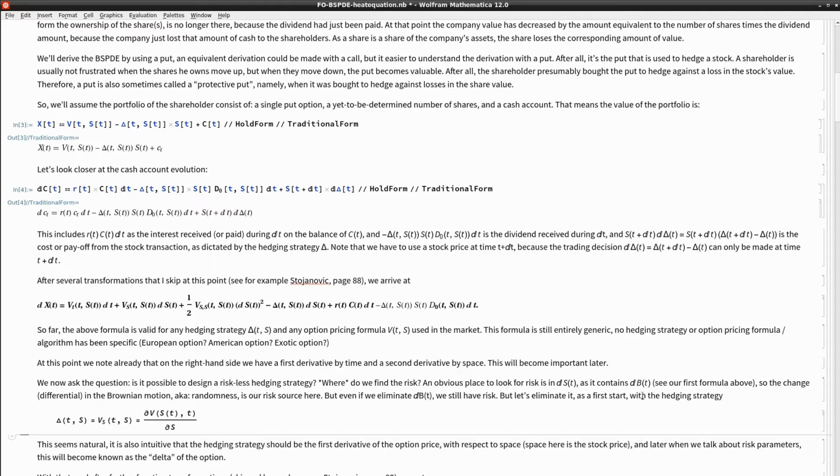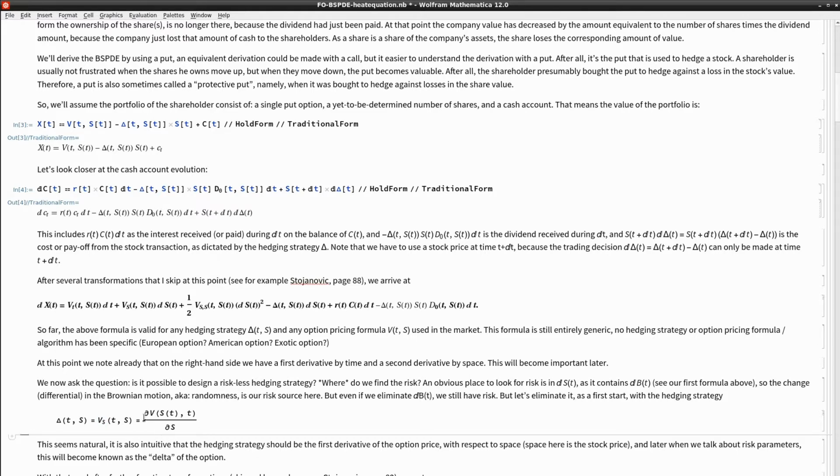So we have to start with the hedging strategy where we are saying our change in the ratio delta of T and S is the stock price dependent change in the financial derivative. This is the first spatial derivative of our financial derivative. A lot of derivatives here.